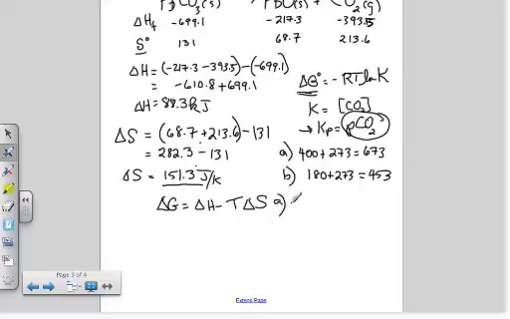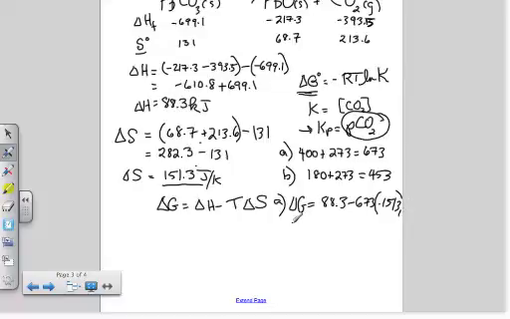So delta G is equal to delta H, 88.3, minus 673 times our delta S, which is 0.1513.